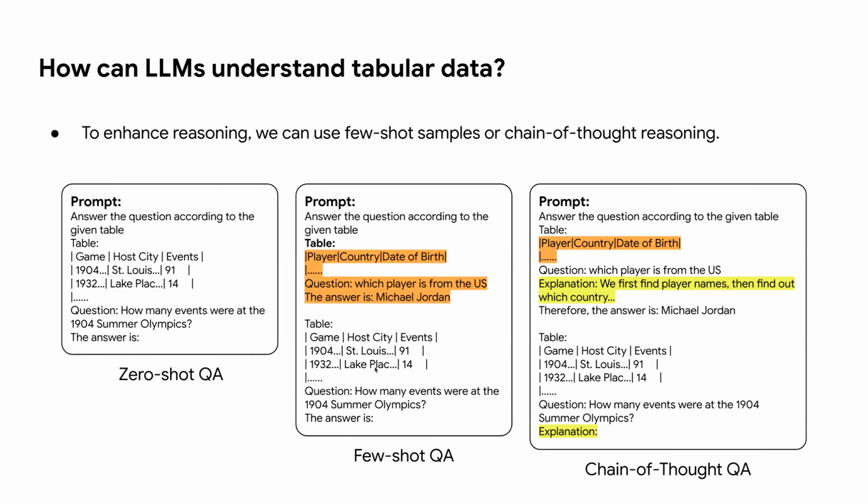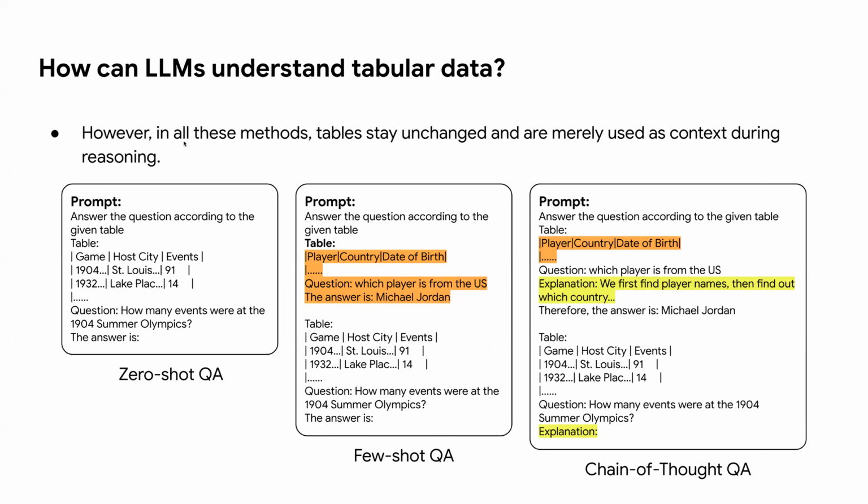But if you compare all of these methods, you will see that in all of them, tables stay unchanged and are merely used as context during reasoning, which means all we did here is just add a table in the context. Tables are in Markdown or whatever format you like. It's just like other long passages in the prompt. That's it.